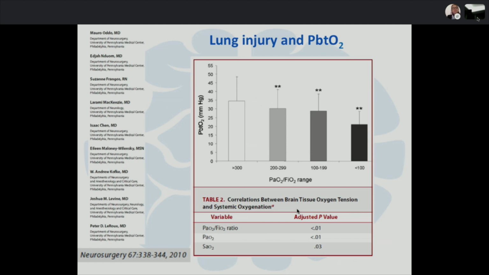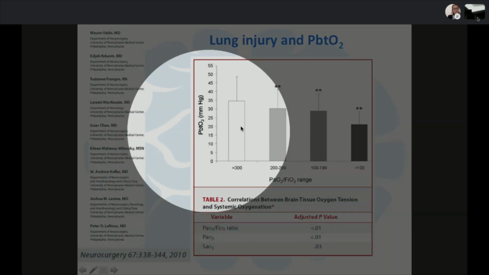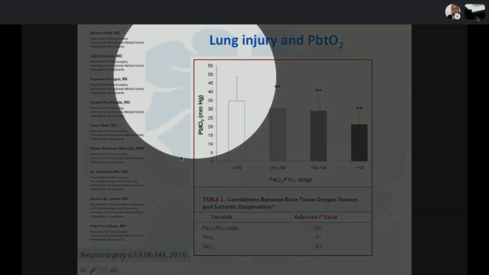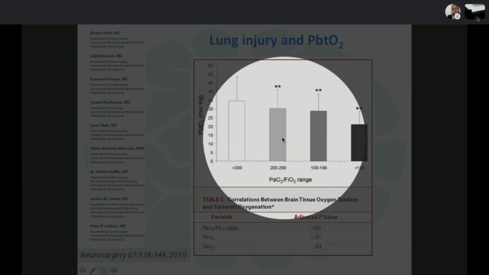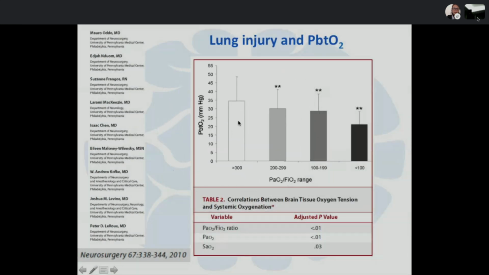These are not actually the only components which are important in cerebral oxygenation. There are also several systemic components which are important and need to be taken into consideration. One of these, of course, is the systemic oxygenation and therefore the occurrence of lung injury. So in this paper, from Mauro Oddo, patients were divided according to the PF range, so above 300 or below 300, so severe, moderate, or mild ARDS.